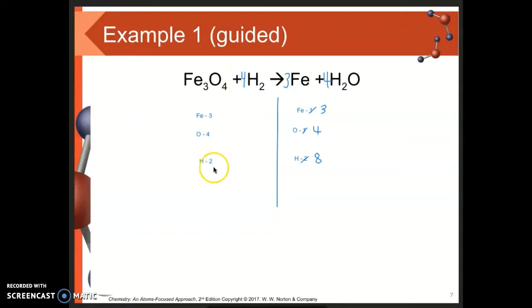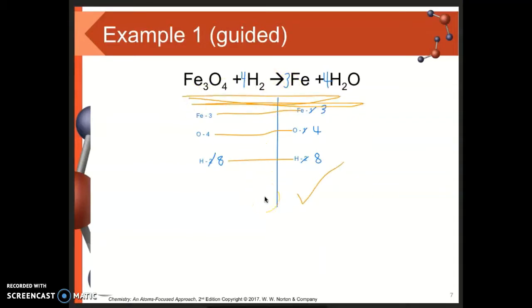That'll make 4 times 2 for 8 total hydrogens on the reactant side. And so I can look now and see that I've got even irons, even oxygens, even hydrogens, even all the way around. We've got ourselves a balanced chemical equation as is written right there.